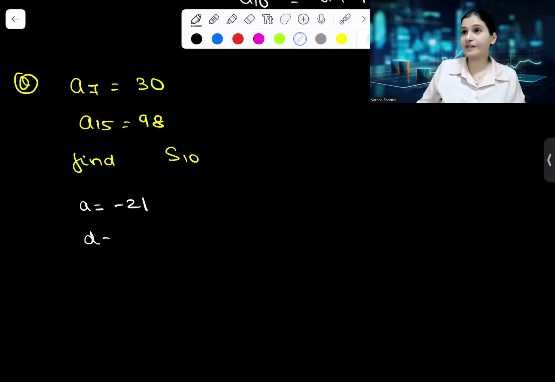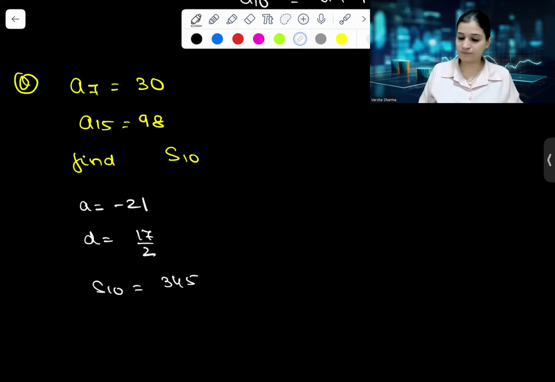Minus 21. Common difference, 8.5, sorry, 17/2. And S10 is 172.5, that is 345/2. Done.